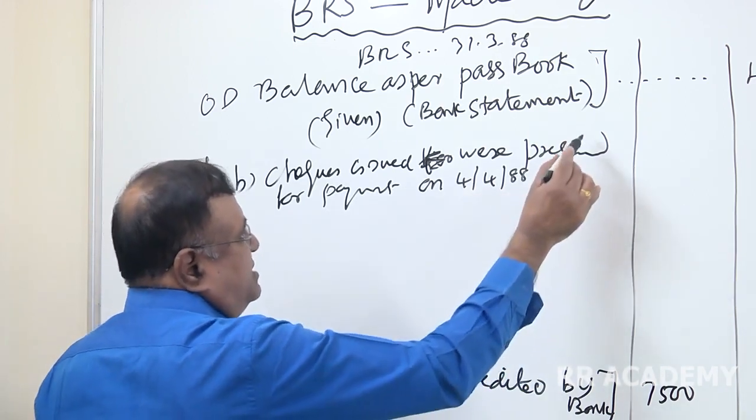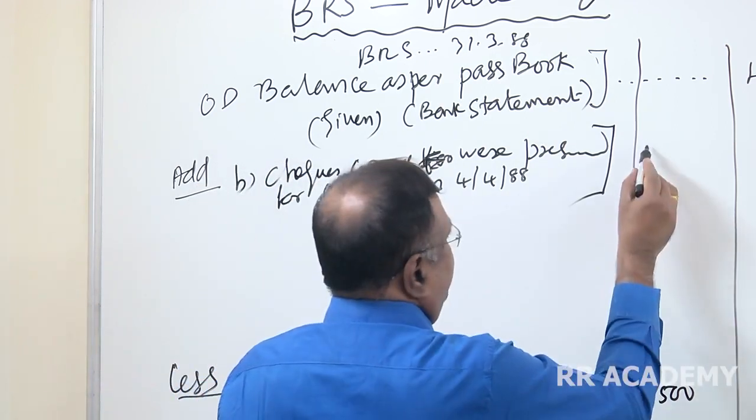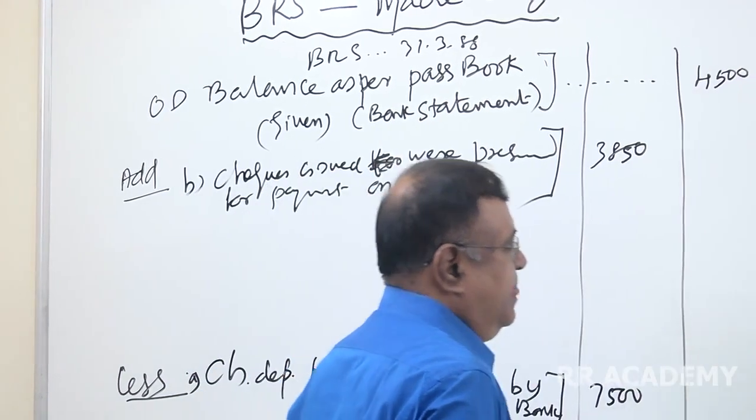Whatever is given, you must write, friends. No shortcut and all. 3,850. Over.